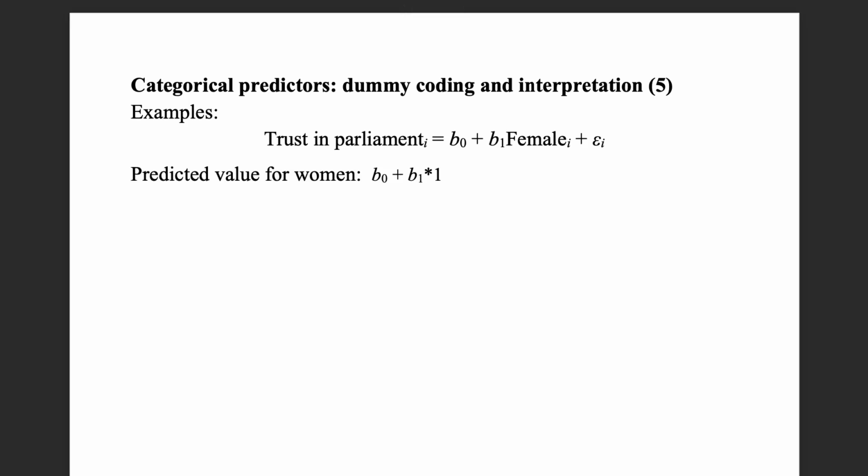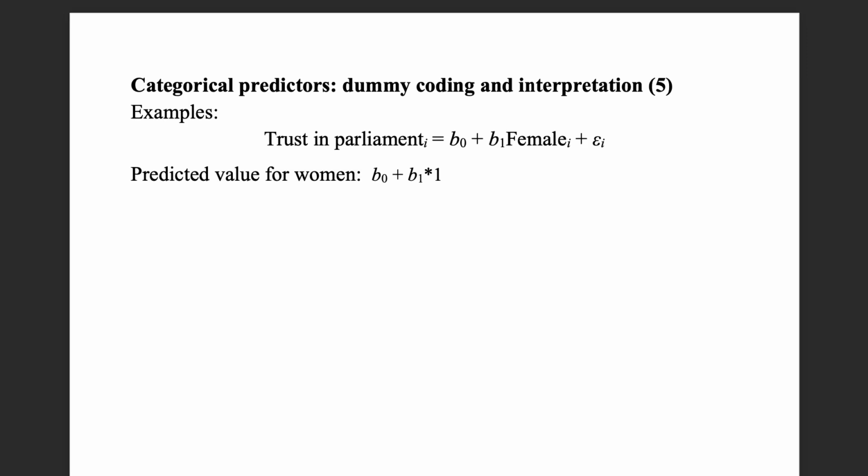And then if we interpret this regression model, as always, we do that in terms of predicted values. Well, what would be the predicted value for women? Well, it would be B0, our regression constant, our intercept value, because that's the same for everybody. That's the starting point. Plus the regression coefficient we get for our female dummy multiplied by 1, because how did we code the variable? We gave every case that is a woman the value 1.